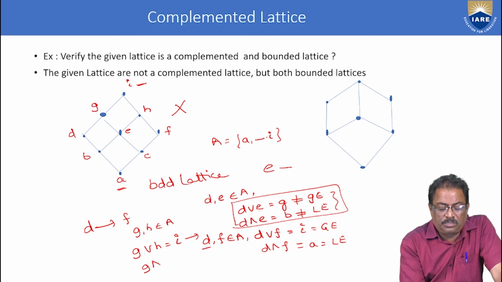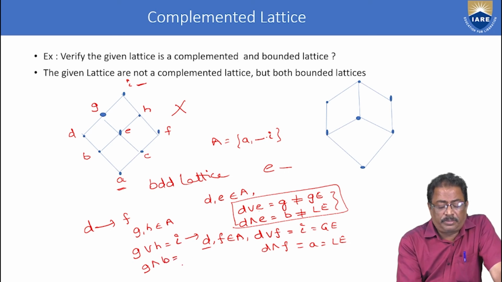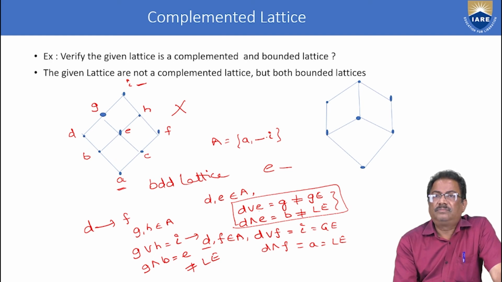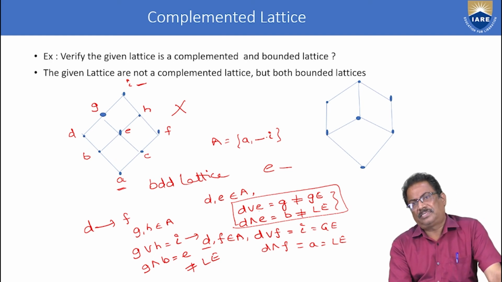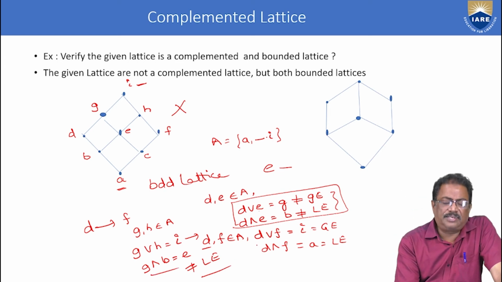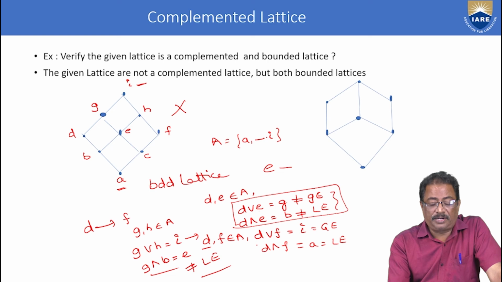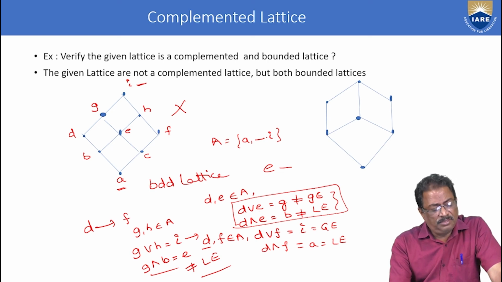And the greatest lower bound, I am taking E, which is not equal to the least element. So from this only you can say that it is not a complemented lattice. Let us go for the other one.